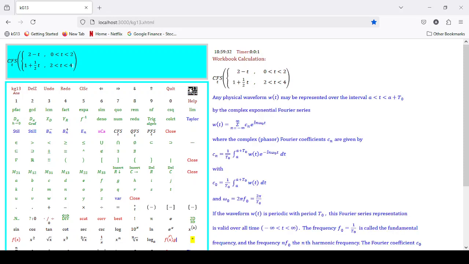The timer ticks, the light is on. When this light goes out, that means the calculation is done and the timer will of course stop. 8 seconds, 10 seconds, 12 seconds, 13, 22, 23.